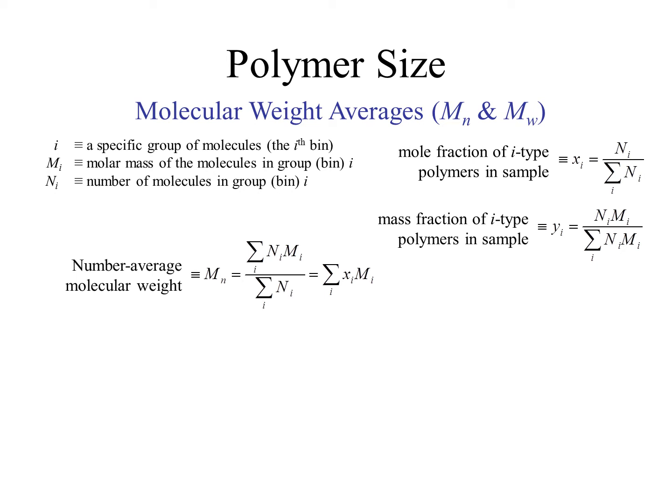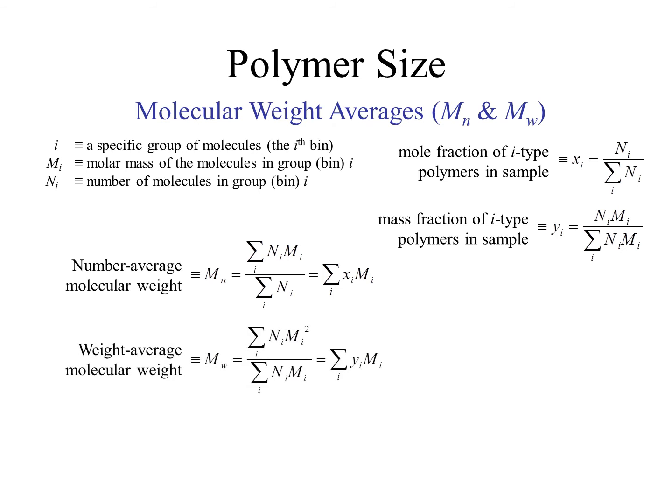Note that the mass of each bin is defined in terms of the number of molecules times the molecular weight of those molecules. As you probably imagined, this leads to the weight average molecular weight formula in much the same way as the mole fraction led to the number average molecular weight formula. Explicit and longer formulas are also shown here for completeness' sake. Depending on your data, sometimes the longer version is more useful.